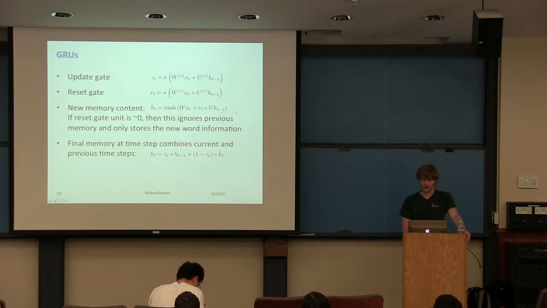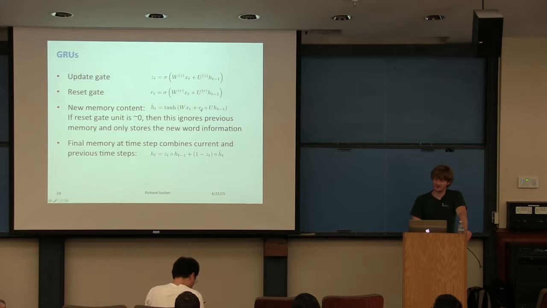So if R, and again, R here is a vector, so these are all vectors, right? So if the ith element of the current reset gate at time step t is 0, it basically doesn't matter what your past had said. You will just ignore it entirely.